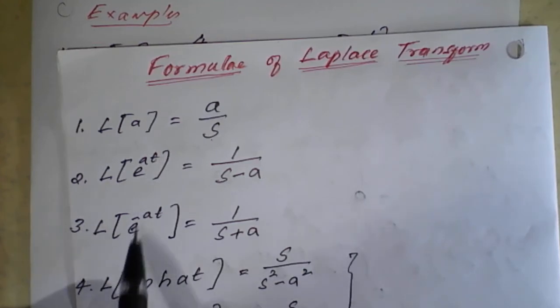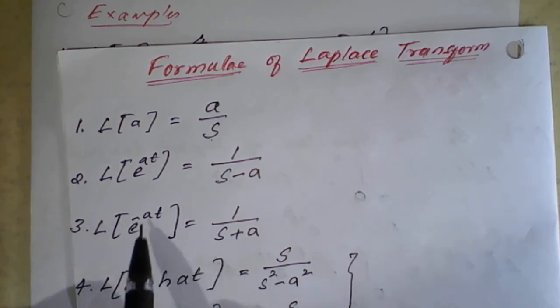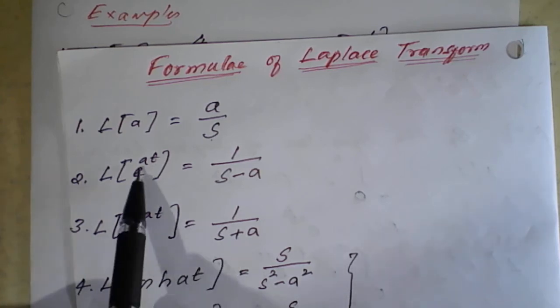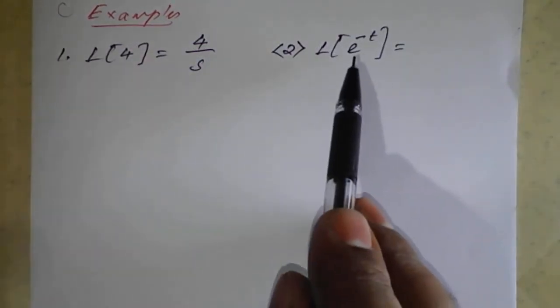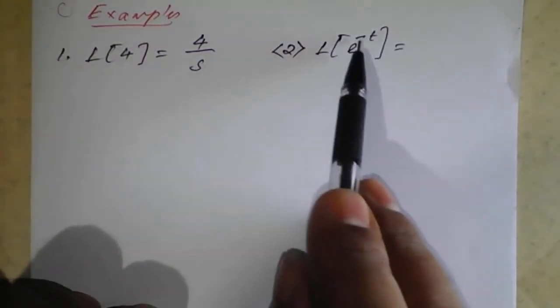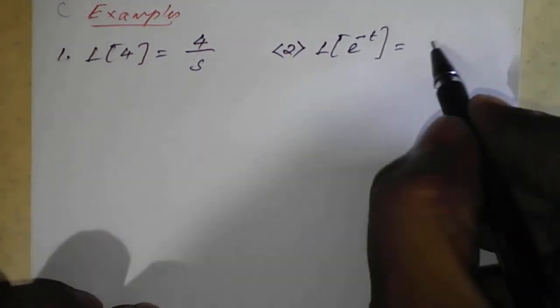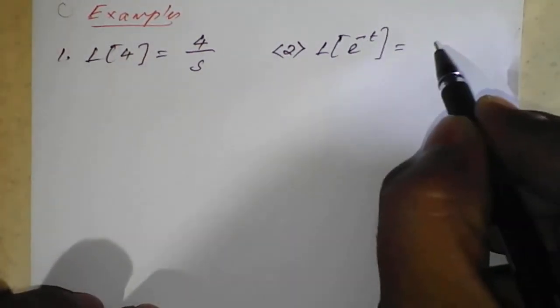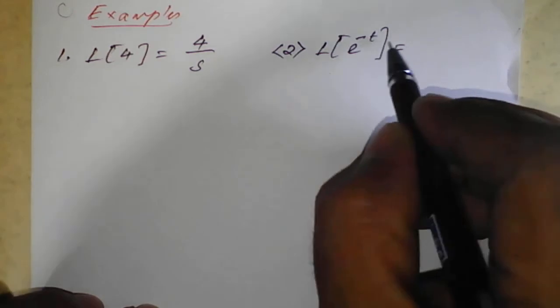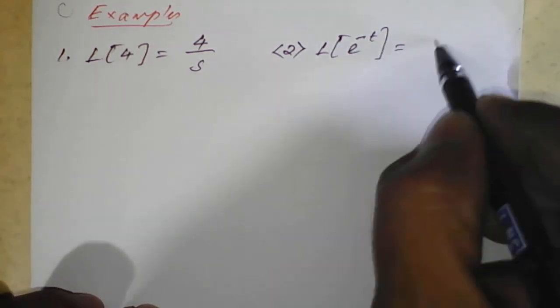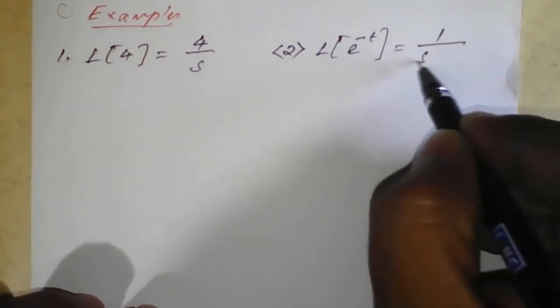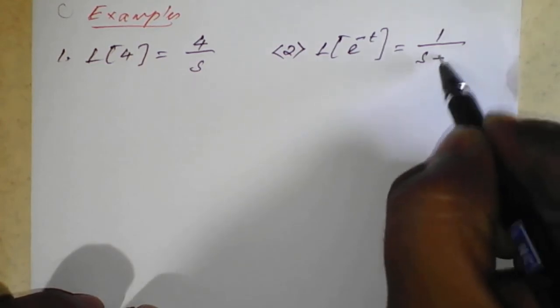Similarly, Laplace of e raised to minus at is 1 upon s plus a. Here in e raised to minus t, the value of a is 1, so it becomes 1 upon s plus 1, because of the minus sign we get plus.